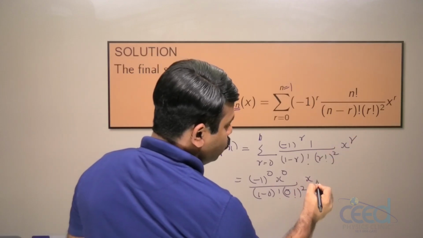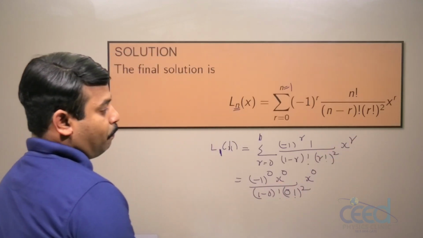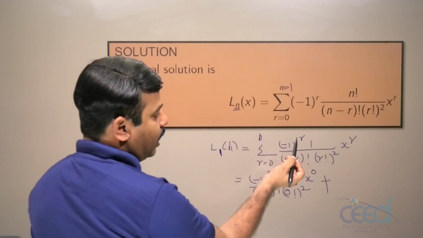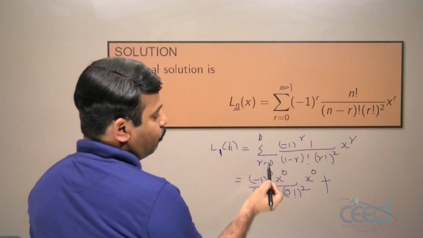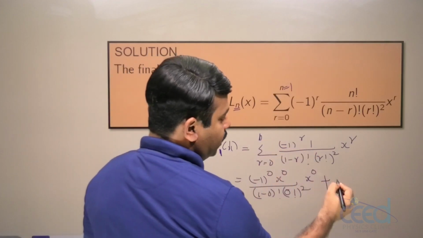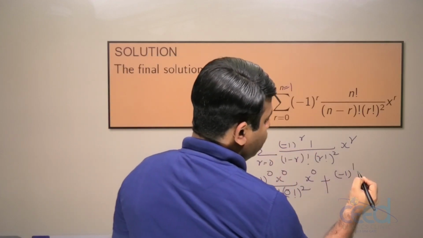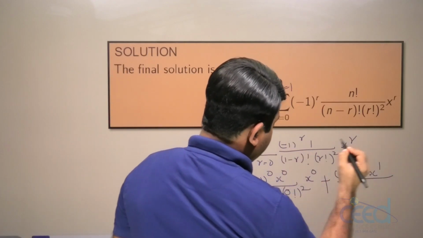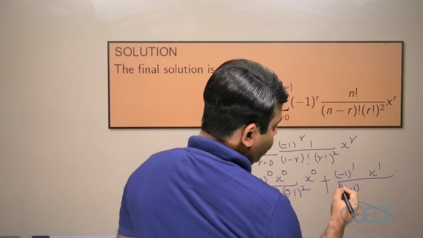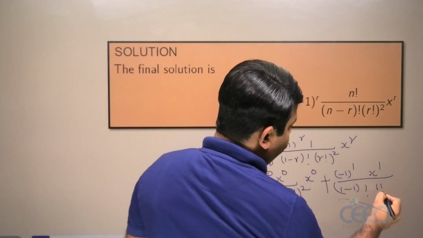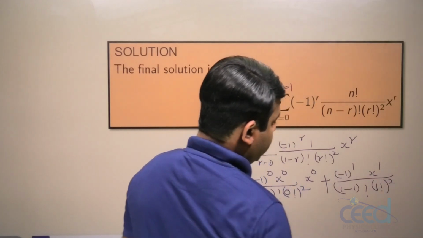Plus the next value: r equals 1, that means minus 1 raised to 1, x raised to 1, divided by (1 minus 1) whole factorial and 1 factorial whole square.